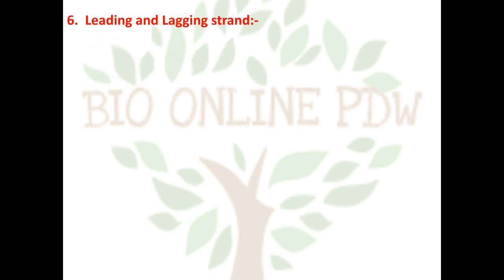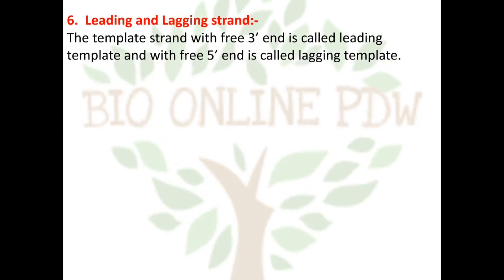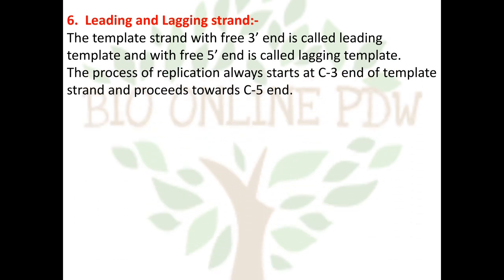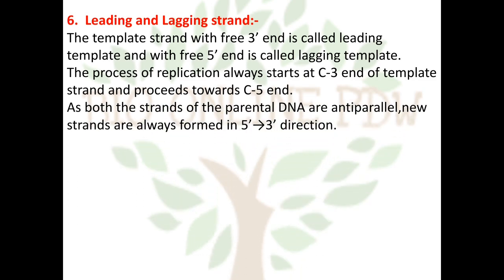Next step is leading and lagging strands. The template strand with free 3' end is called leading template, and with free 5' end is called lagging template. The process of replication always starts at the 3' end of the template strand and proceeds towards the 5' end.